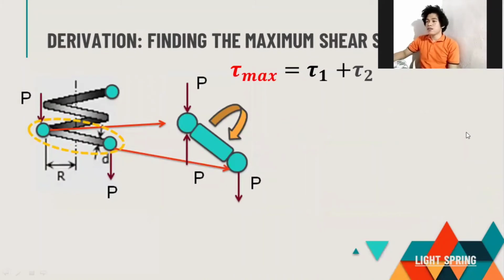So, finding the maximum shear stress, we have tau 1 plus tau 2 equals P over pi D raised to 2 over 4 plus 16 PR over pi D raised to 3.